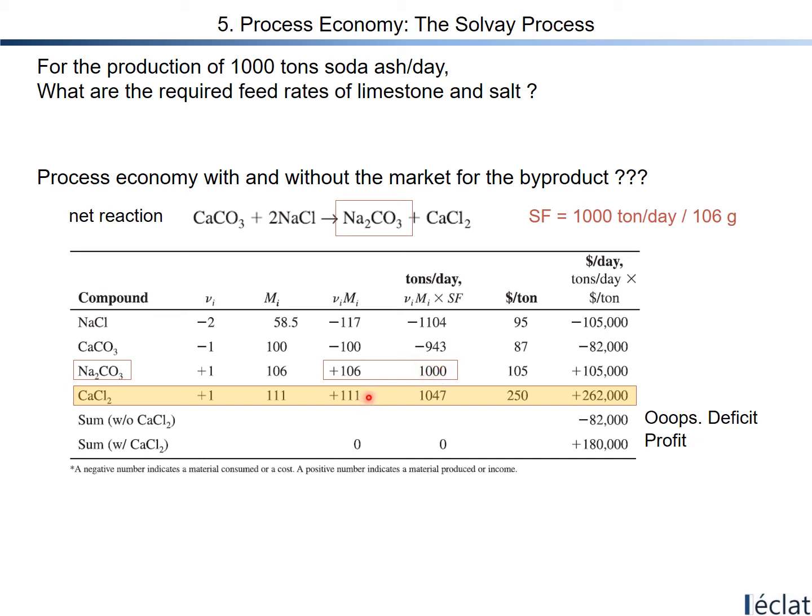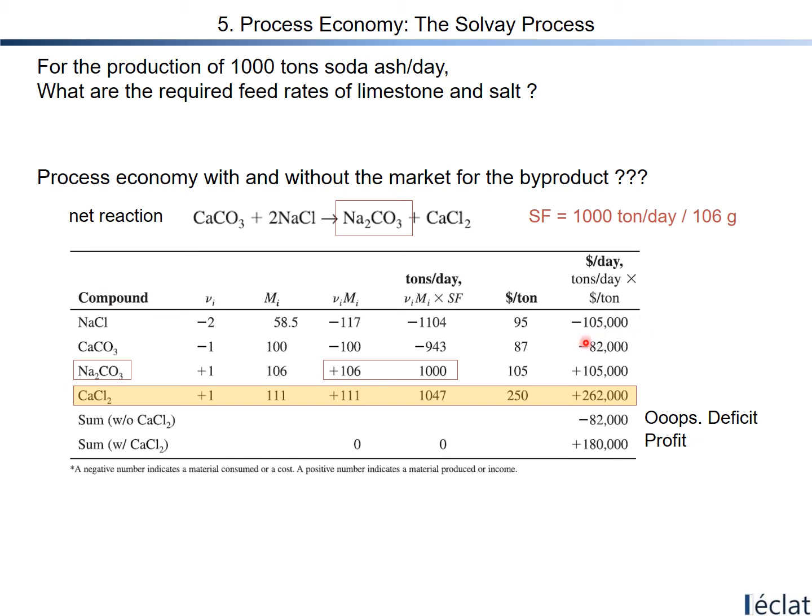And the other thing, calcium chloride, to scale up. One more column is required, because we need the information about the cost or value. And then in the last column, you can find the total value, cost or values of each compound.